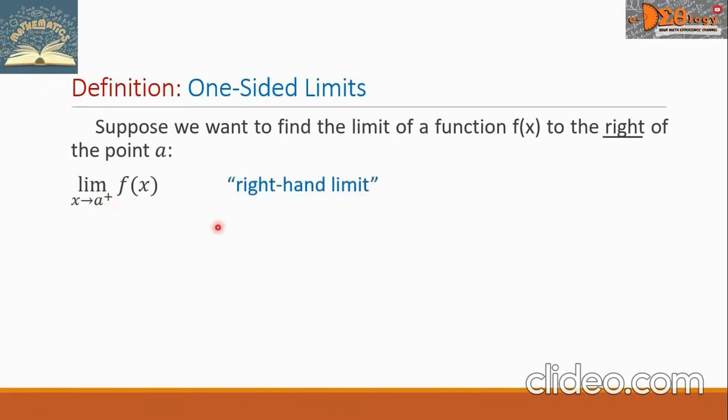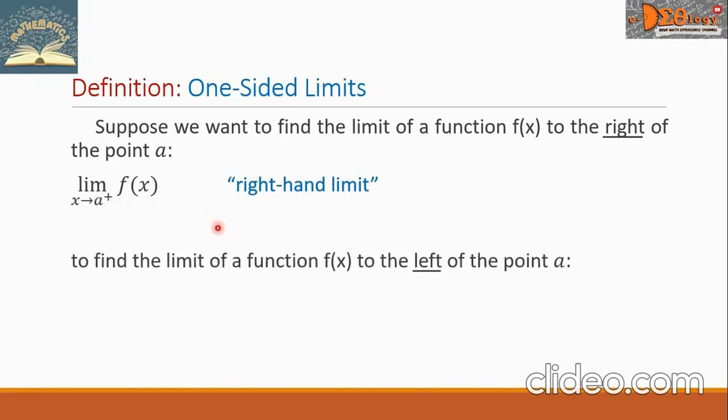We call this the right-hand limit. Also, to find the limit of a function f of x to the left of the point a, this is the notation: limit of f of x as x approaches a, and this a will appear having an exponent of negative sign. We call this the left-hand limit.